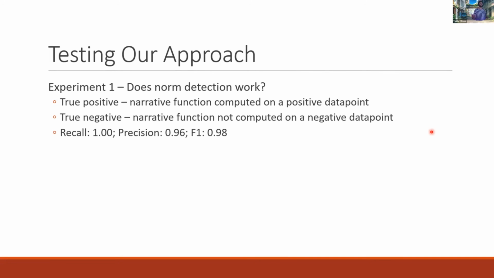And we got perfect recall. So all of the sentences that actually did introduce norms, the system computed narrative functions for. However, we received 4 false positives. So 4 of these sentences from Wikipedia had similar semantic structure. So they were similar to norm introductions. So there were 4 false positives.